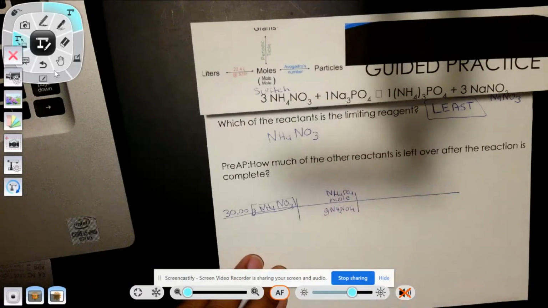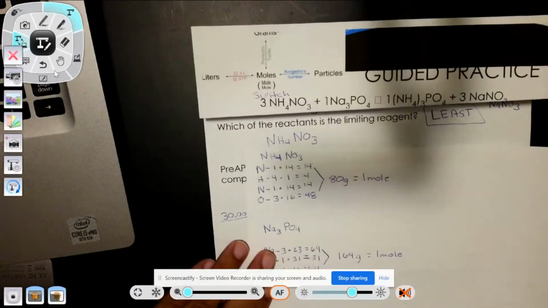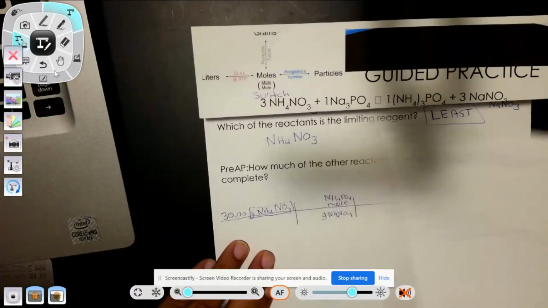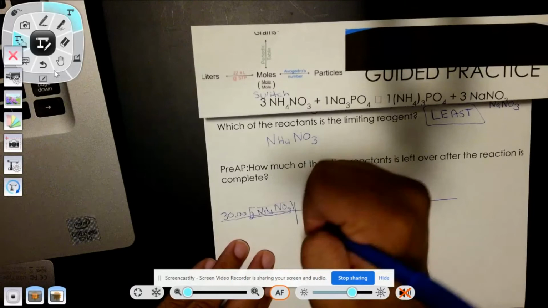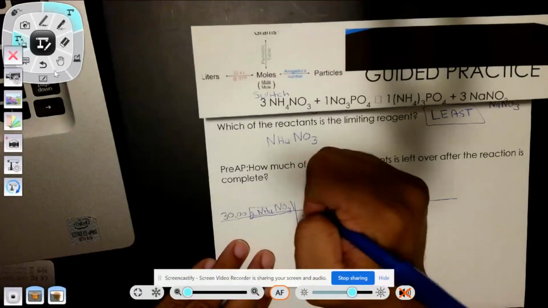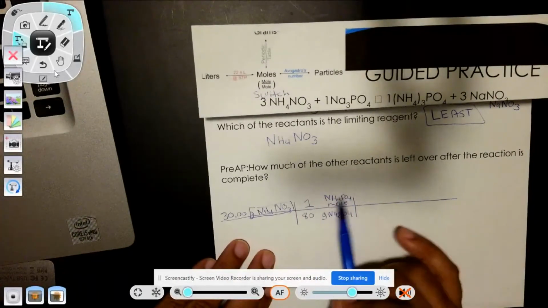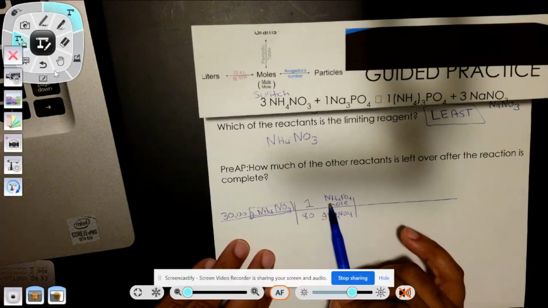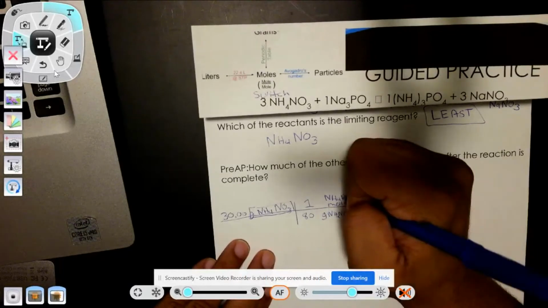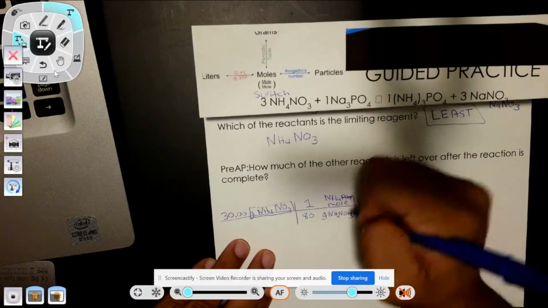And we already figured this out from the last question. The mass of ammonium nitrate is 80 grams for every 1 mole. So we have 80 grams is 1 mole of ammonium nitrate. Oh, I put ammonium phosphate up here. It should be ammonium nitrate. Sorry.